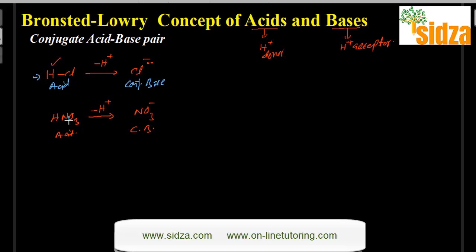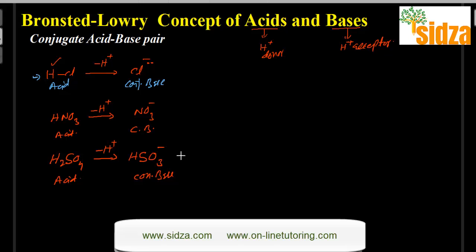Another example we can take is H2SO4, sulfuric acid. When sulfuric acid releases one proton and behaves like an acid, it now has HSO4 negative. So HSO4 negative is the conjugate base of H2SO4, correct?